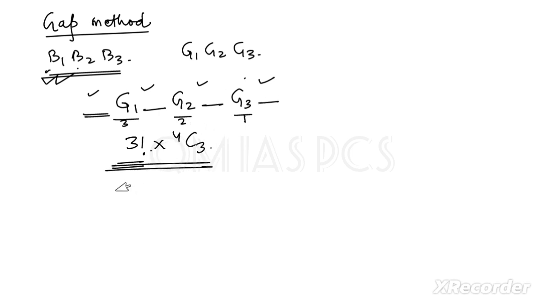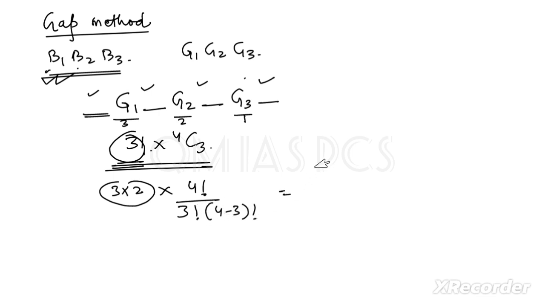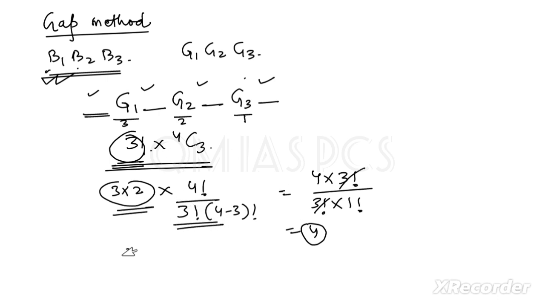Factorial 3 is 3 multiplied by 2, that is 6, and 4C3 is factorial 4 divided by factorial 3 and factorial 4 minus 3, that is 4 multiplied by factorial 3 over factorial 3 multiplied by 1 factorial, this will be cancelled, and we will have 4. So for this one we will have 4, and this is 6, so 6 multiplied by 4 will be 24. So the answer will be 24.